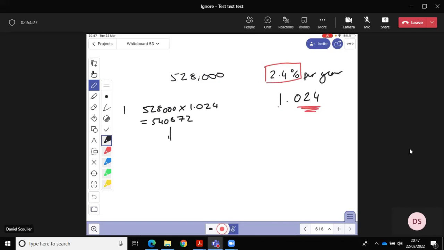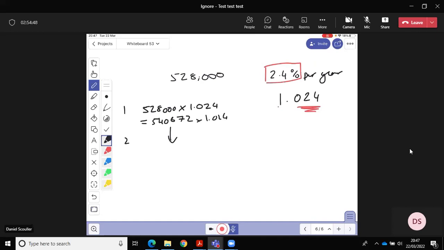Now we could do that every year. We could then multiply that by 1.024 for year 2, then again for year 3 and year 4. With 4 years, that's a reasonable way to do it. It's a relatively short period of time, so you only need to do that calculation 4 times.